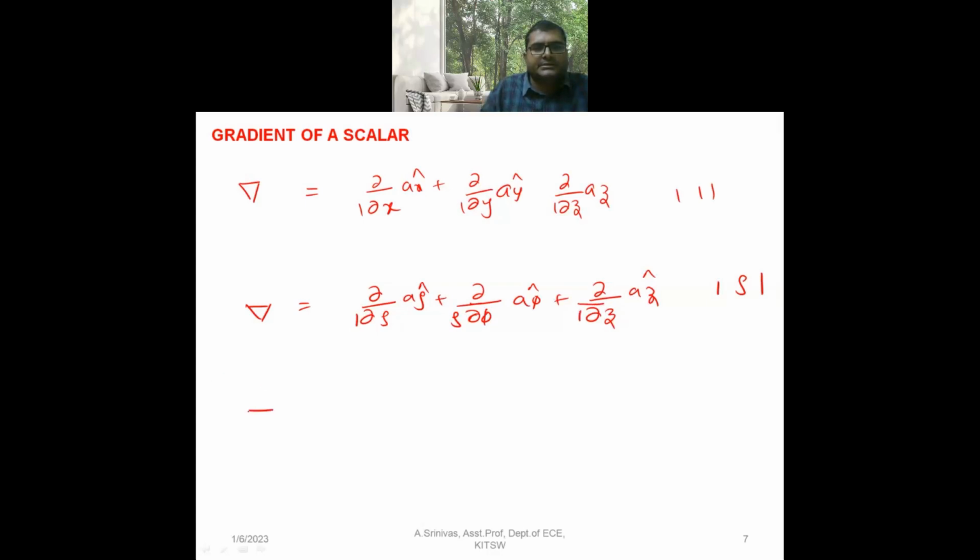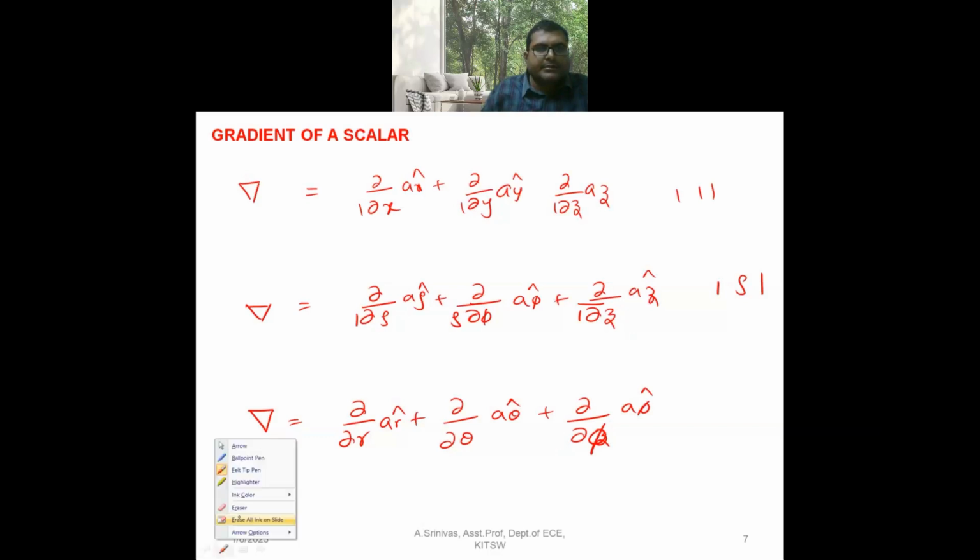And in spherical, it is ∂/∂r of ar, ∂/∂θ of aθ, plus ∂/∂φ of aφ cap. In Cartesian, you can follow the notation 1, 1, 1.